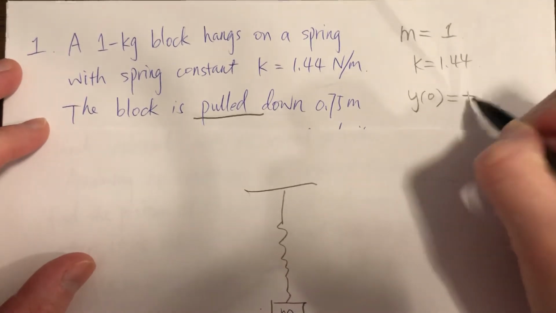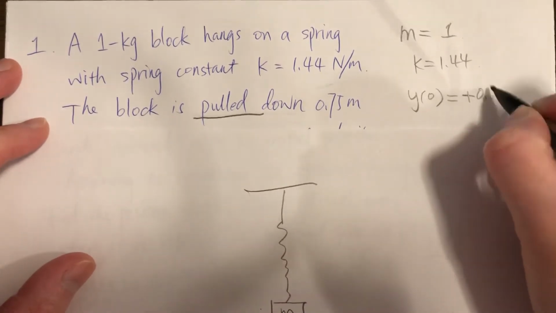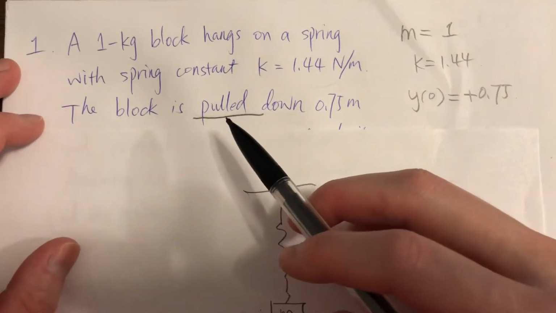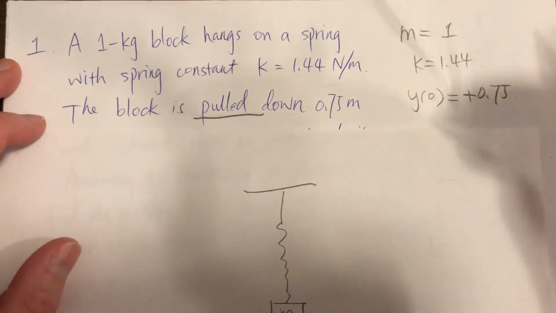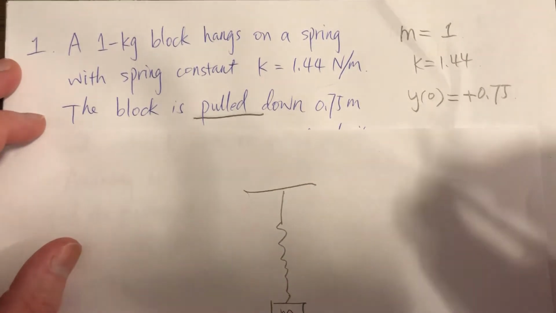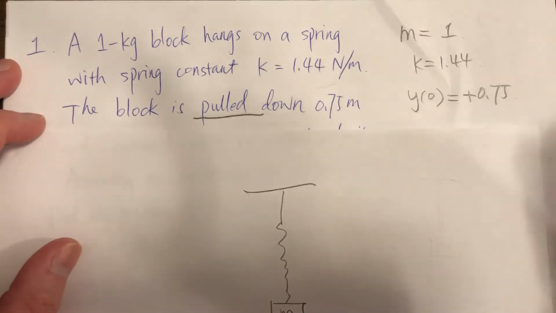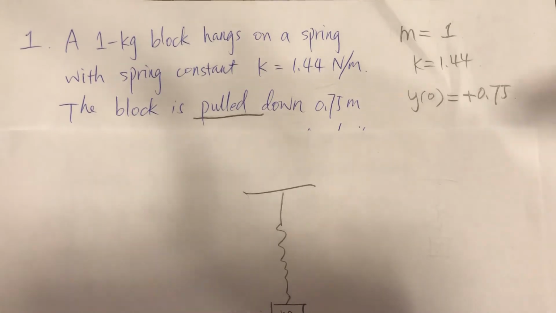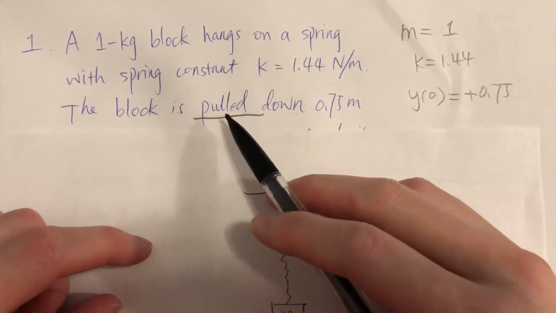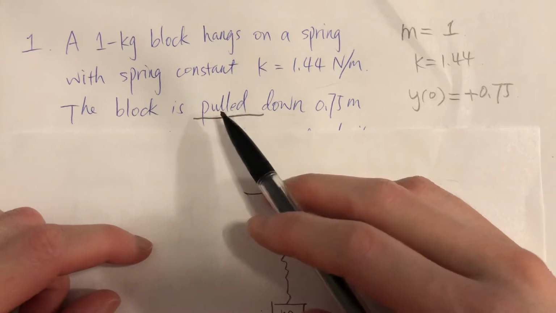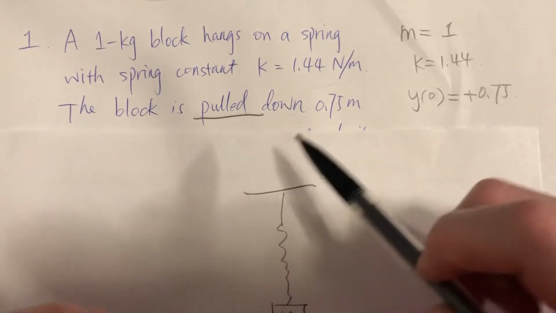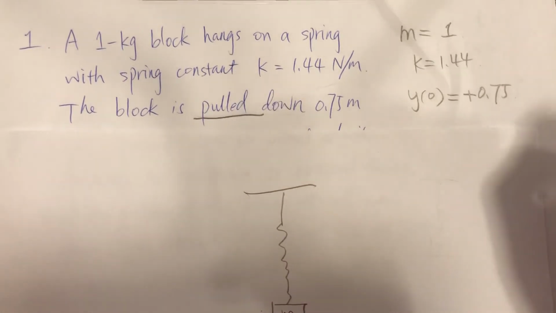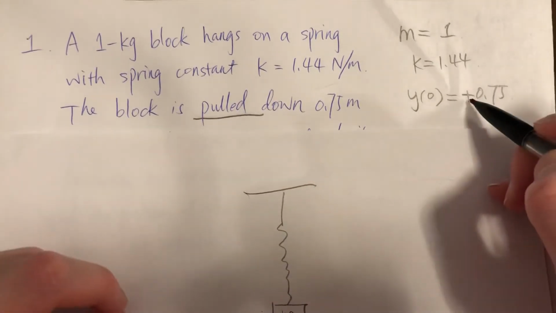But it's very important that you know this direction is defined to be positive. It's by definition that we assign one direction to be positive and the other negative, to be consistent with the formula. So when it says the spring is pulled down, it makes sense as a positive sign, because if you pull it down, it's longer, right? So then it makes sense as a positive.